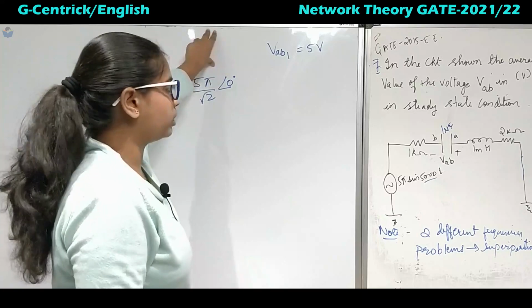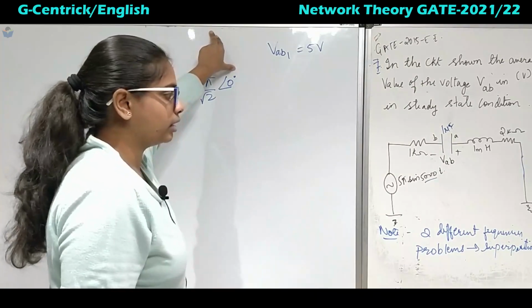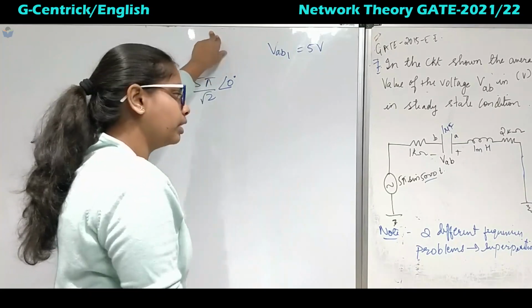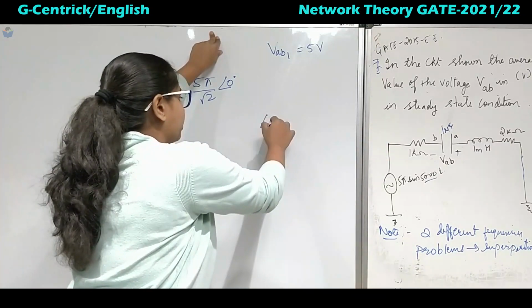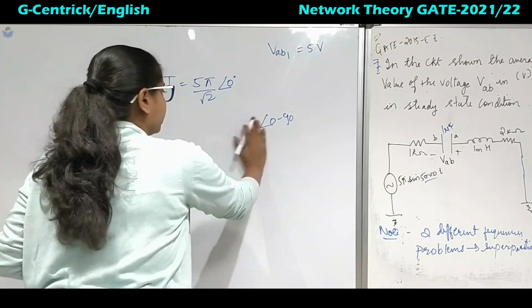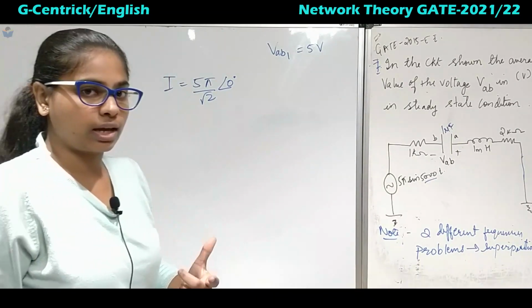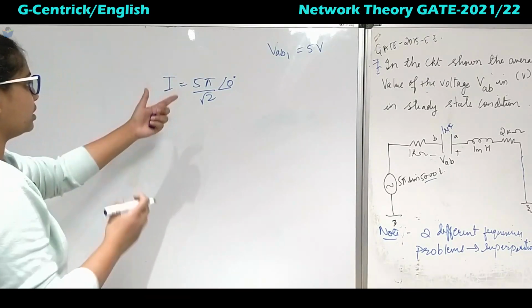Basically it is 0 degree we are including, right? So why is it 0 degree when it is sine? Because we do not have any other comparing quantities like cos term or sine term, right? Any other sine term is also not there. Otherwise we used to write 0 minus 90 for sine. If there are sine and cos both in the circuit, then we have to convert both either to sine or cosine, then we will use the phase shift. Now here it is same.